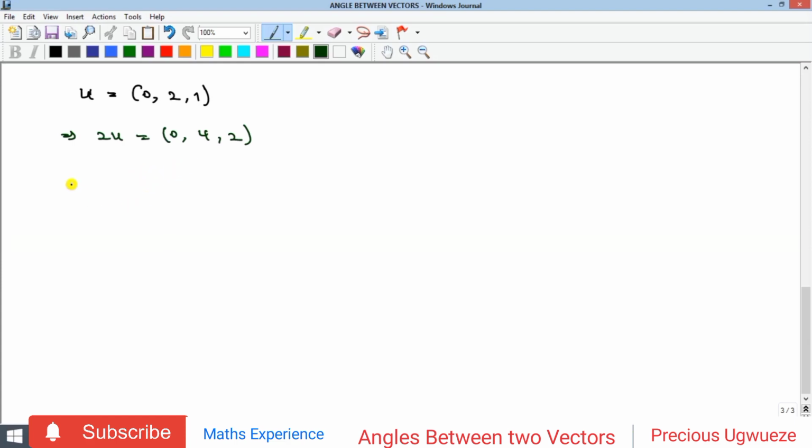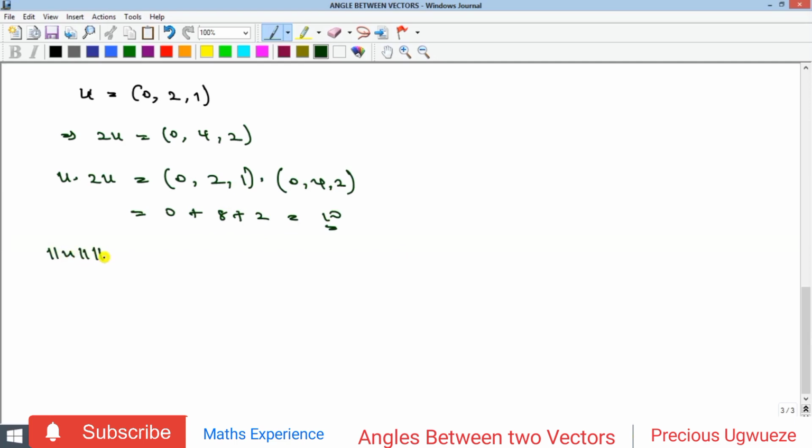So let's find the dot product of u and 2u. The dot product is going to give us 0 plus 8 plus 2, which is equal to 10. Now let's find the magnitude of u multiplied by the magnitude of 2u.